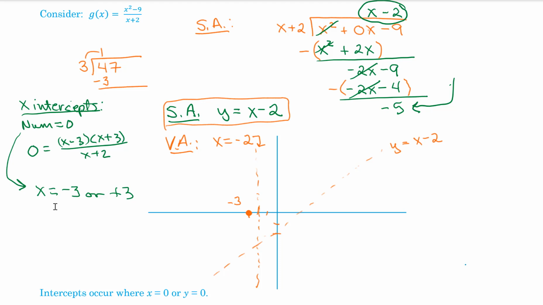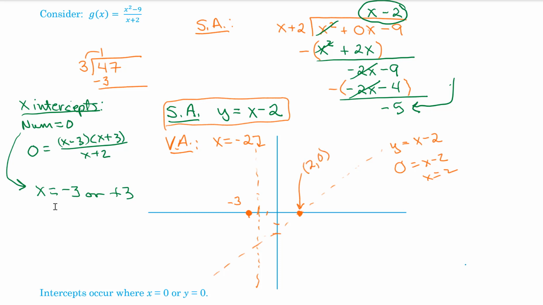If I want to know where this line intersects the x-axis, I want my y value to be 0, which means my x value is going to be 2. So this graph intersects the x-axis right here at 2, 0.